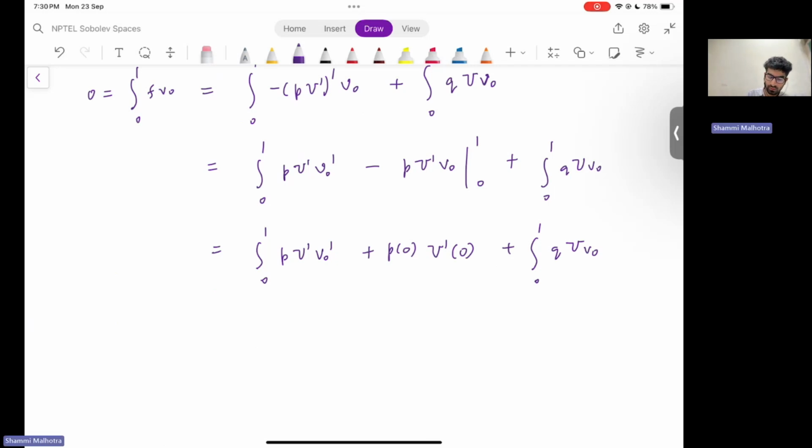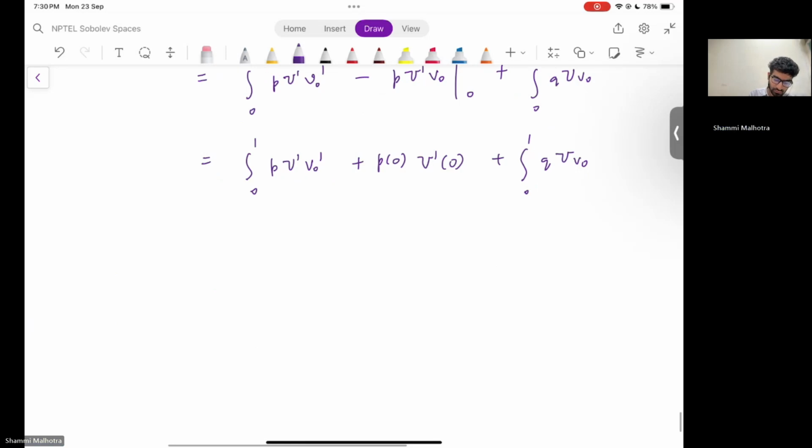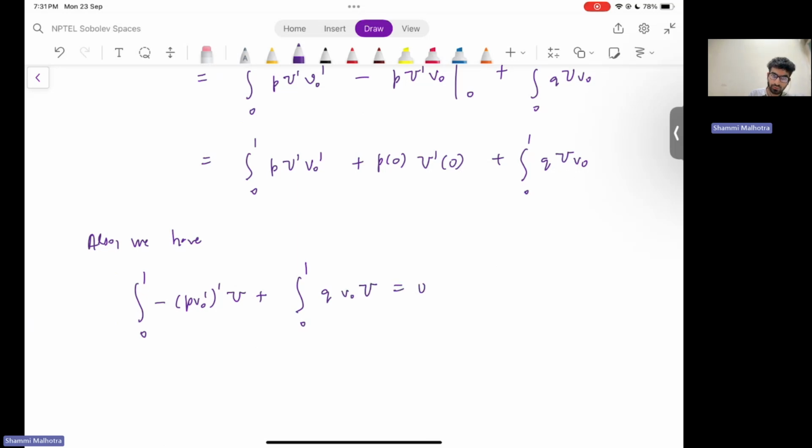Finally, we again know that v naught is the solution of (1). So we multiply by u and then integrate. So this we did in the forward part. Also, we have the integral from 0 to 1 of minus (p v naught')' u plus the integral from 0 to 1 of q v naught u equal to 0.